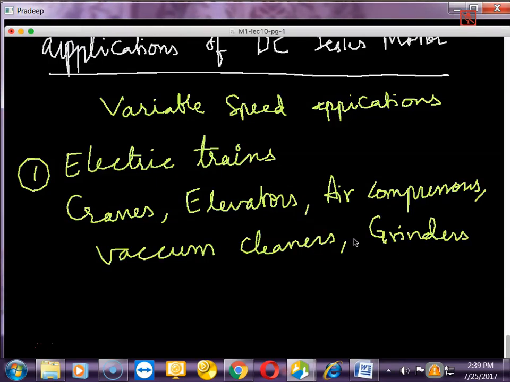In the kitchen we use a grinder. That grinder is actually a DC series motor or even an AC series motor. It can work on AC also. So these are some of the applications of a series motor. Any doubts up to here?